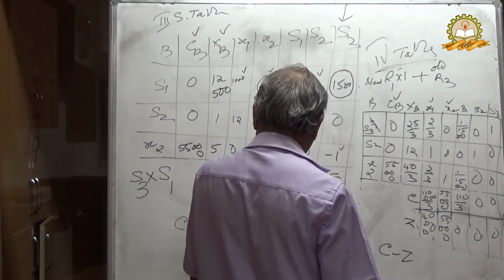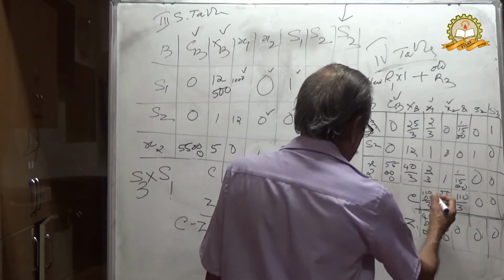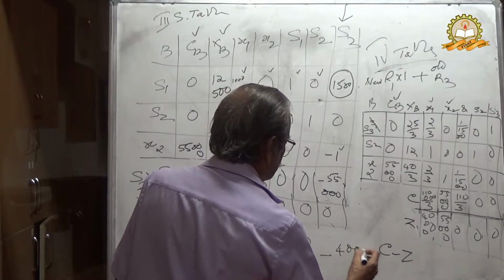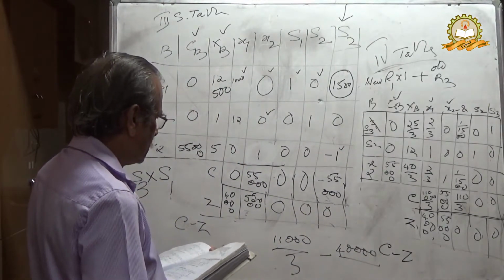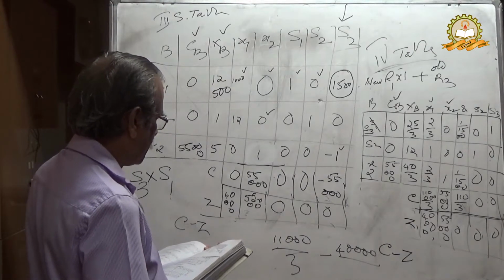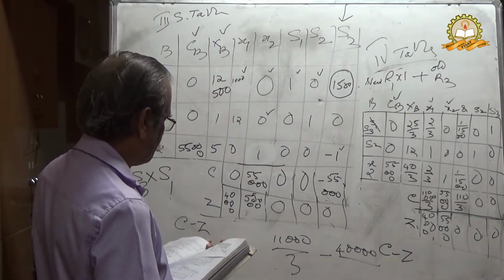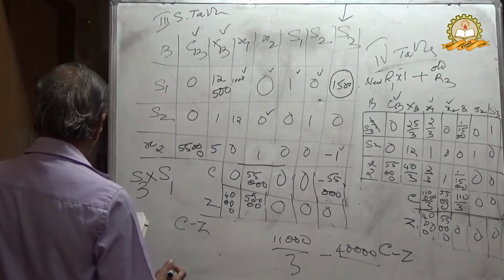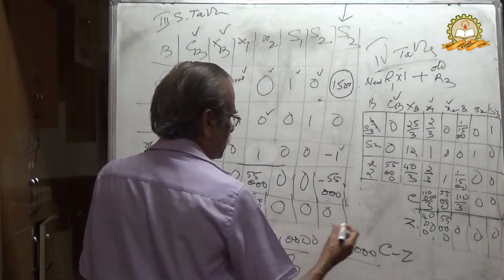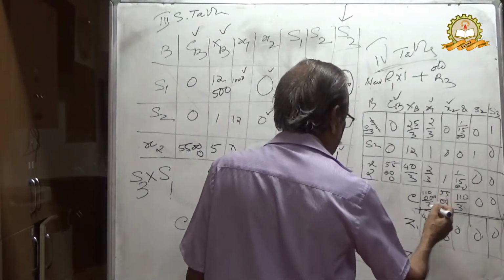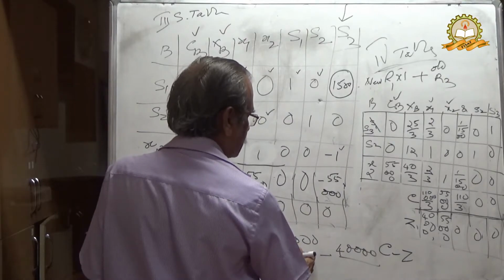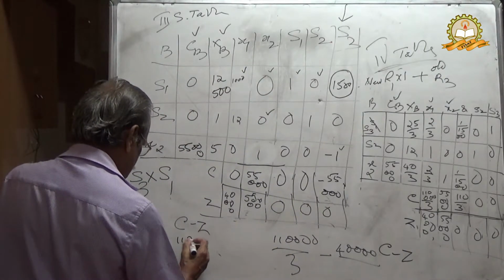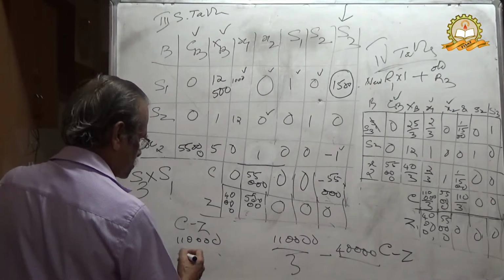Subtracting, 11,000 by 3 minus 40,000 equals, therefore you can think of this 11,000 with 4 zeros, the 4 zeros by 3.